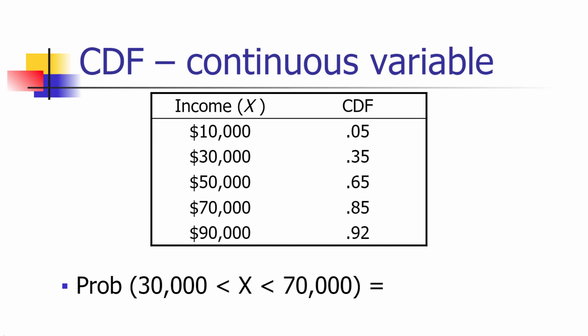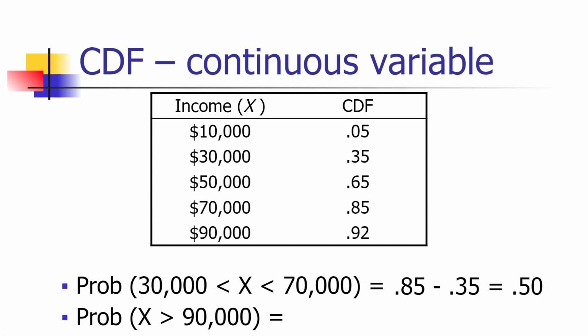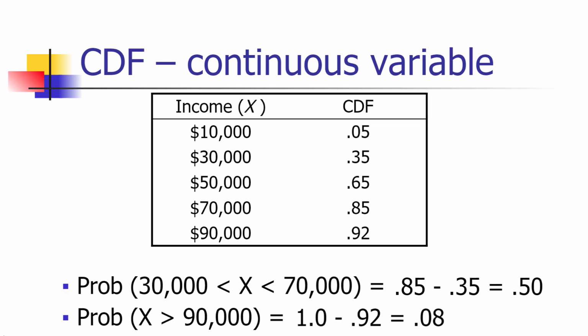We know that 85% of the population receives less than $70,000, 35% earns less than $30,000, which means the amount between those two values would be just 85 minus 35, or 50% of the population must fall between those two outcomes. Similarly, if we want to find the probability of someone earning more than $90,000, we know that 92% of the population earn less than that, which means we just have 8% of the population earning more than that.